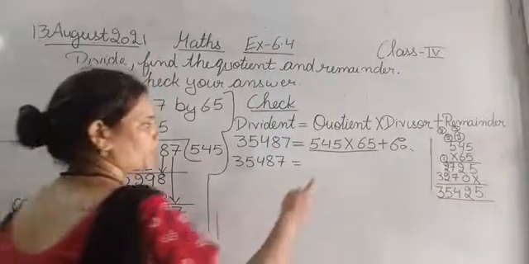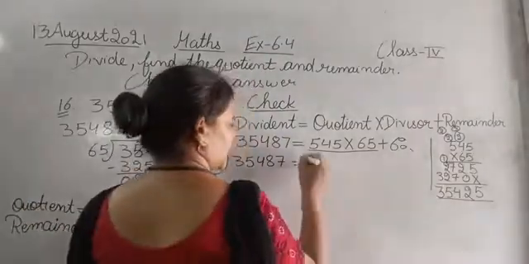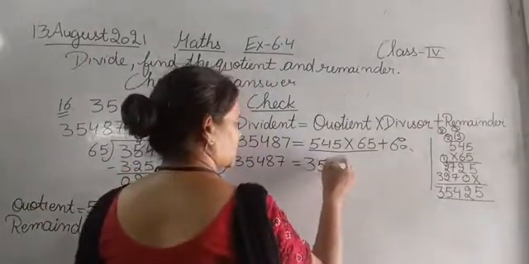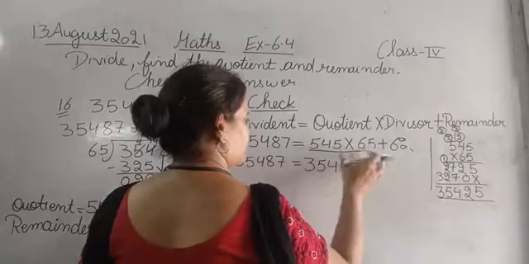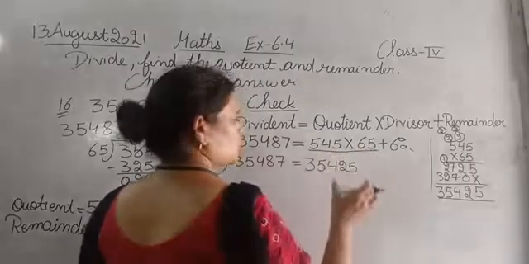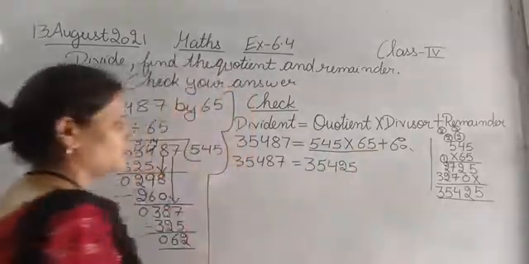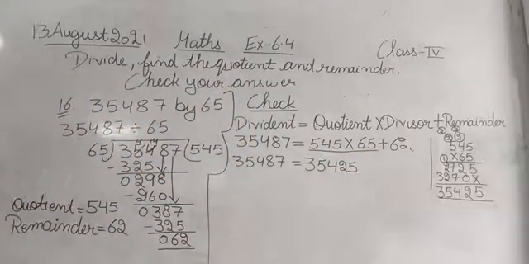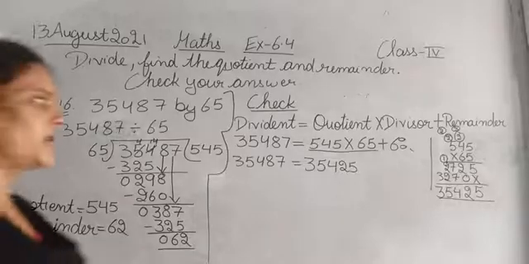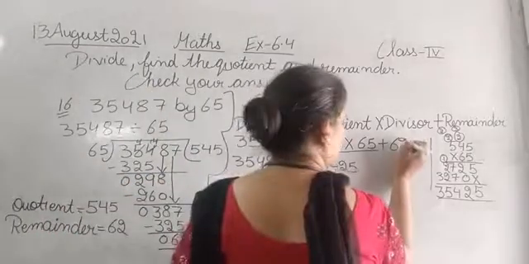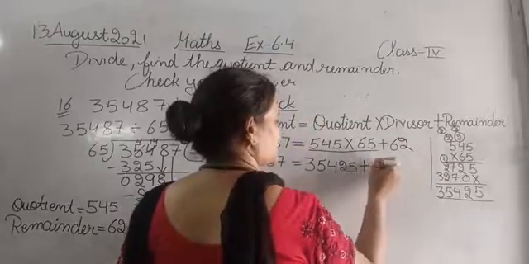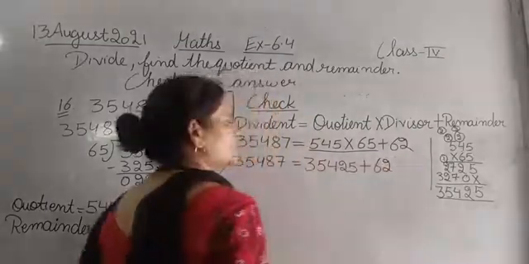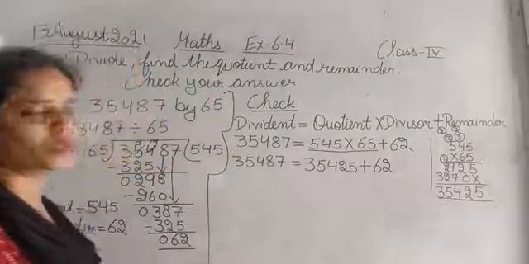So after multiplication we got the product 35,425. So write the product of these two, 35,425. Multiplying these two we got 35,425. So now we have to add the number that is plus remainder. What is the remainder? Remainder is 62. So now we have to add these two.